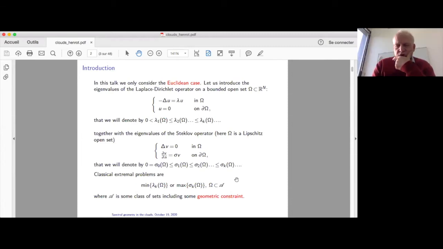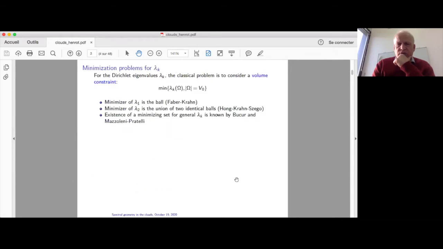So it was just to recall my notations: lambda k for the Dirichlet eigenvalues, sigma k for the Steklov eigenvalues. And I was recalling what is known for the minimization of the Dirichlet eigenvalues. First with a volume constraint, which is a classical problem, the problem most people have considered first.